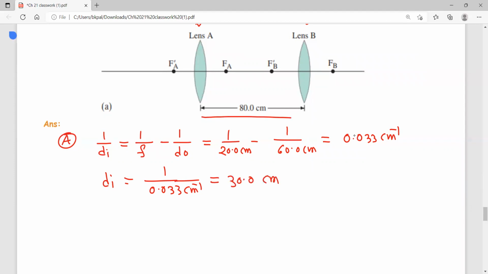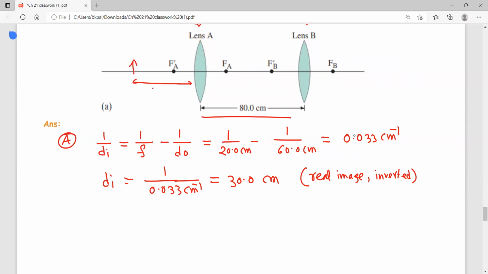Here you see that you get a positive sign, so for the first lens, you get a real but inverted image. Let's say the object was somewhere here.